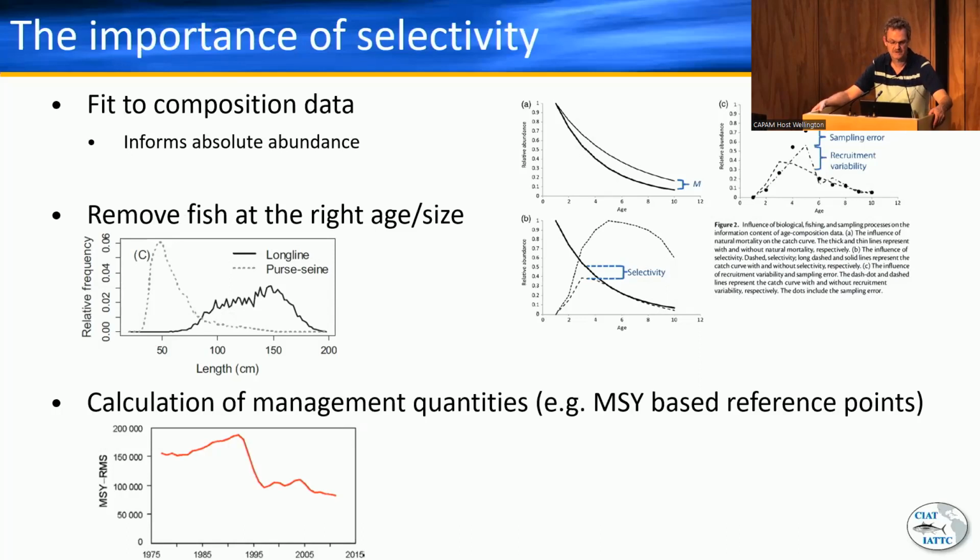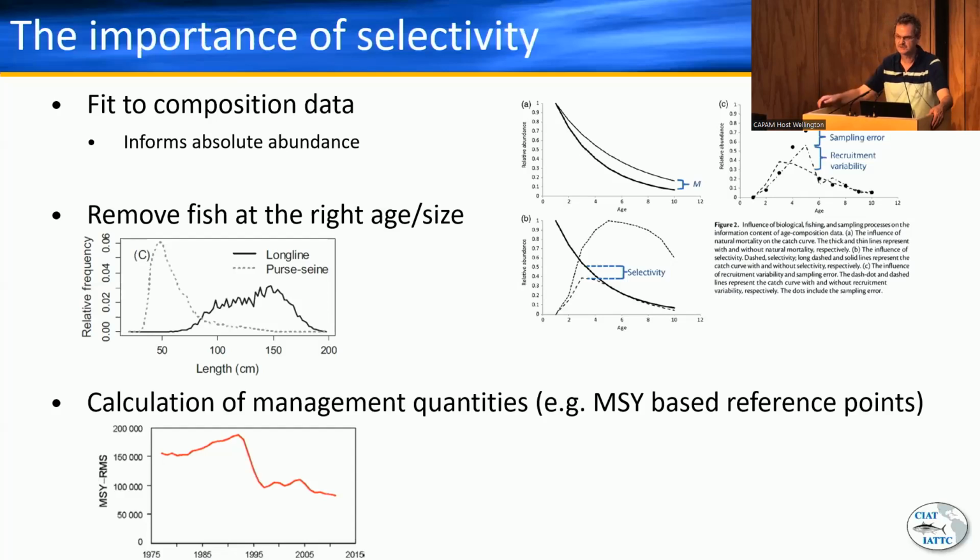The second thing it's used for is removing fish at the right size or age. That's really important in our tuna fisheries because, at least for the tropical tunas, we've got purse seines that fish on floating objects and catch small fish, and then longliners that catch large fish. So we have to make sure that we're representing the right selectivity to remove the fish at the right size.